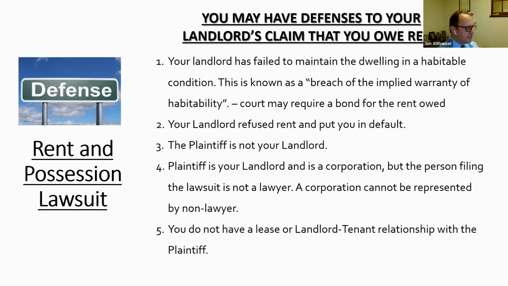There are some other defenses. You tendered the rent and the landlord refused to accept it. The plaintiff is not your landlord. This happens quite a bit. For good business reasons, sometimes a corporation or LLC, limited liability company, actually owns the property.